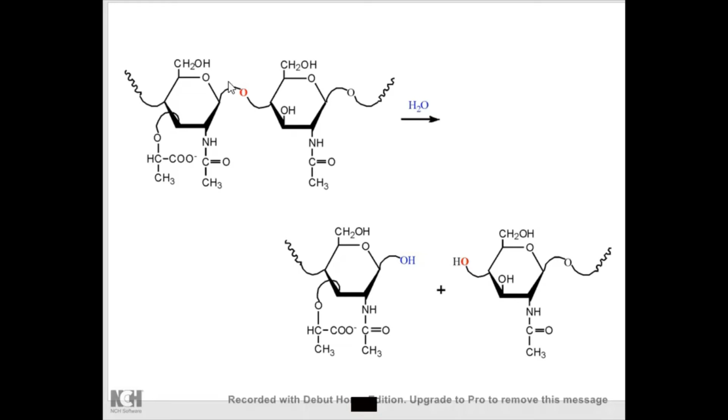And again, this is N-acetylmuramic acid. There is no peptide shown here, just lactic acid, and this glycosidic bond is hydrolyzed. So you can say lysozyme is a hydrolase according to the classification of the enzymes.